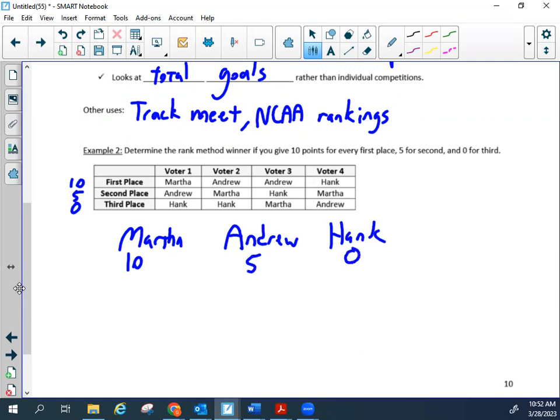The second voter is going to give Andrew 10, Martha 5, and Hank 0. Voter 3 is going to give Andrew 10, Hank 5, Martha 0. And voter number 4 here is going to give Hank 10, Martha 5, and Andrew 0.